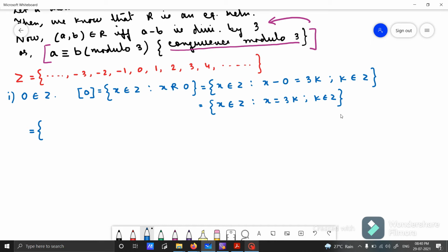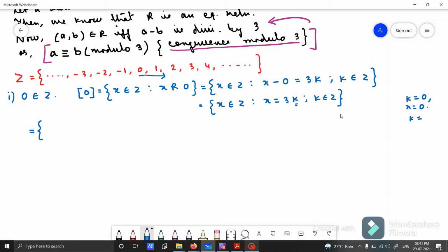Now what is the value of k? k is an integer, so it will take all these values written in red. Let us start from here and first take all the positive values. Let me do the rough work here for you. Suppose k is 0. In that case, x equals 0.